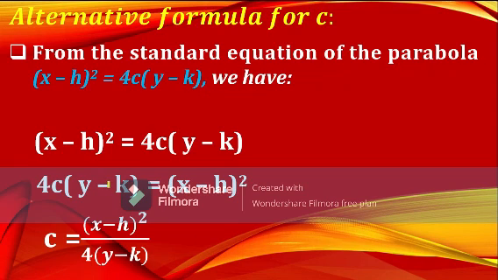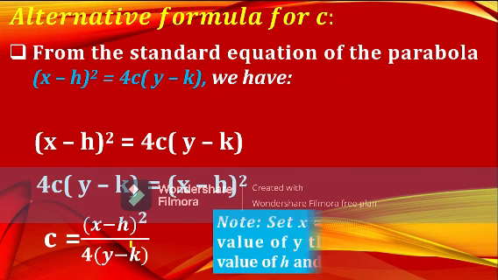Then we just simply divide both sides by 4 times (y − k), so c will remain on the left side of the equation. So this is actually how to solve for c if you have these values. If you have the value of your x, you have the value of your y. Remember, x and y are a point on the parabola, and (h, k) is the vertex.